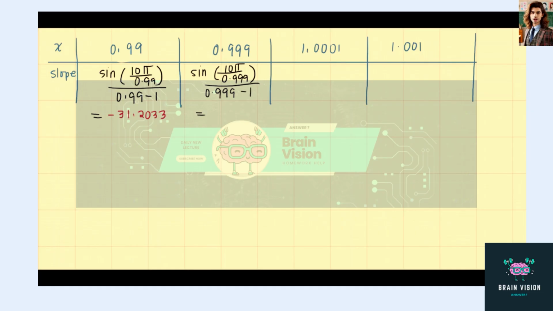This gives us negative 31.4422. If x is 1.0001, that gives us negative 31.4127.